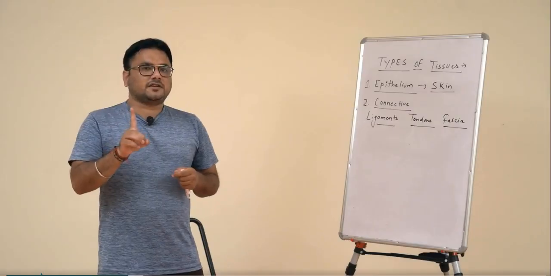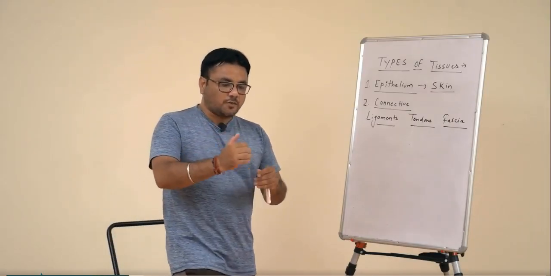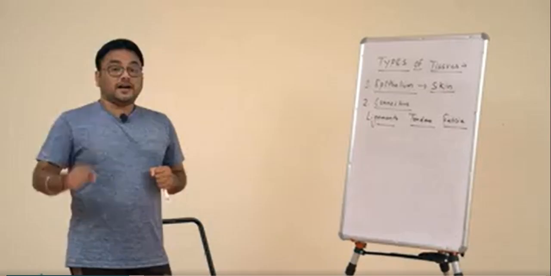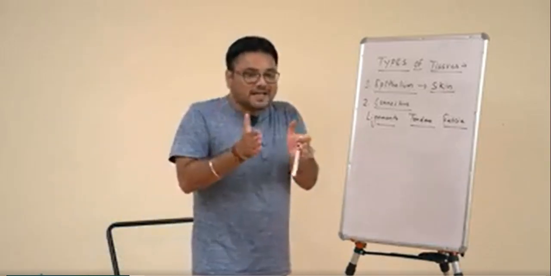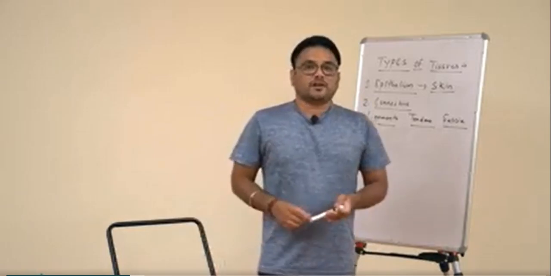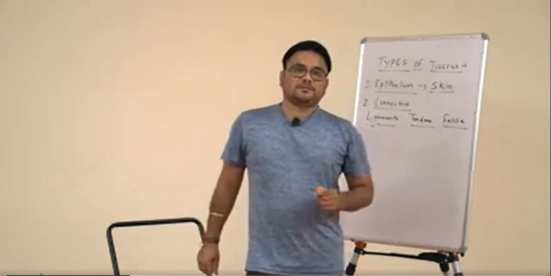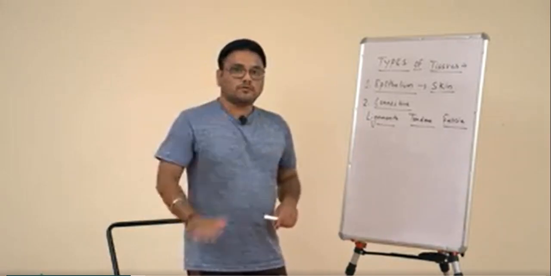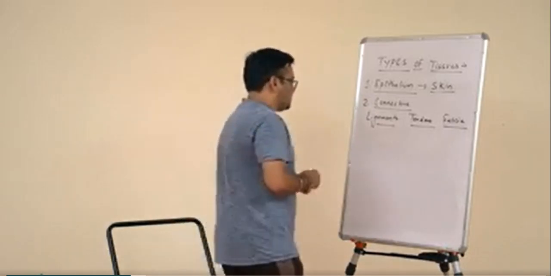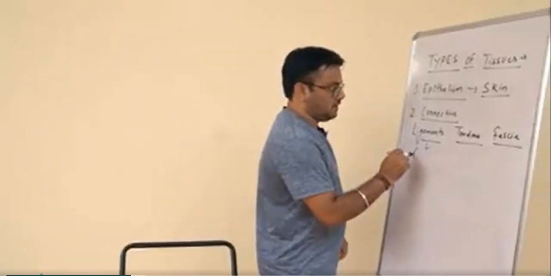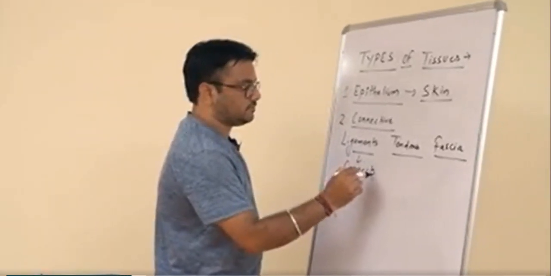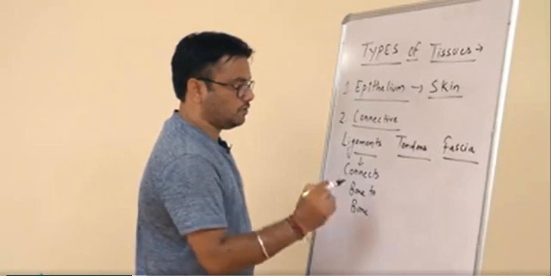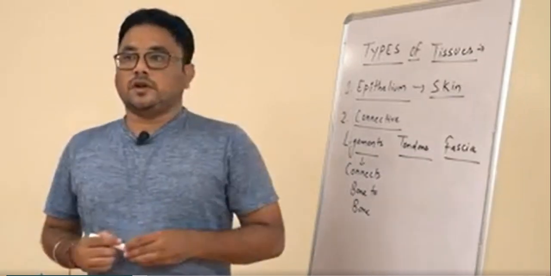Ligament is the structure that is responsible for the passive stabilization of the joints. It is a passive structure that stabilizes our joints. Or, as a simple definition, a ligament is the structure that connects bone to bone.